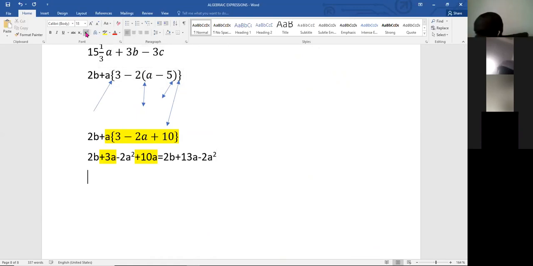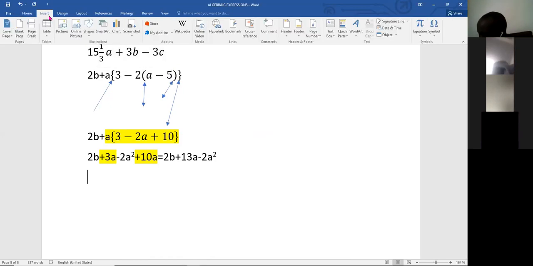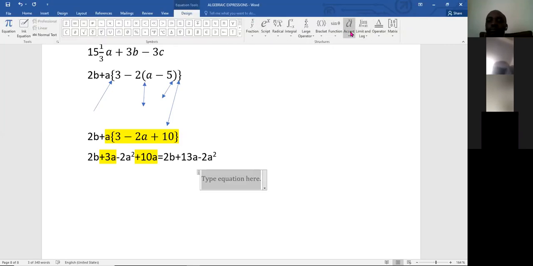Now number 9 looks like this, 3. Let me insert my bracket first. So here I have 3, and then here inside the bracket, I have 2p.